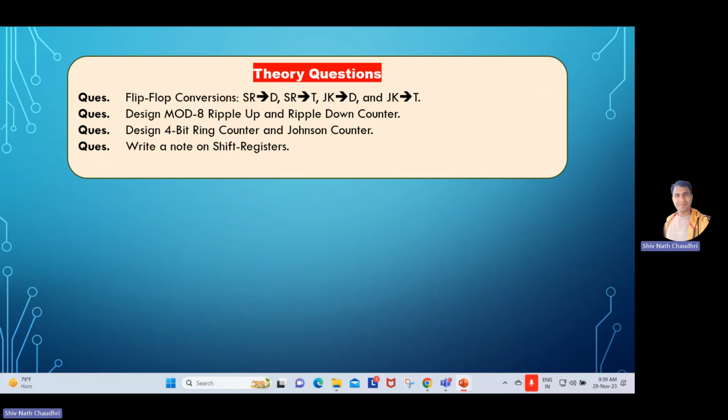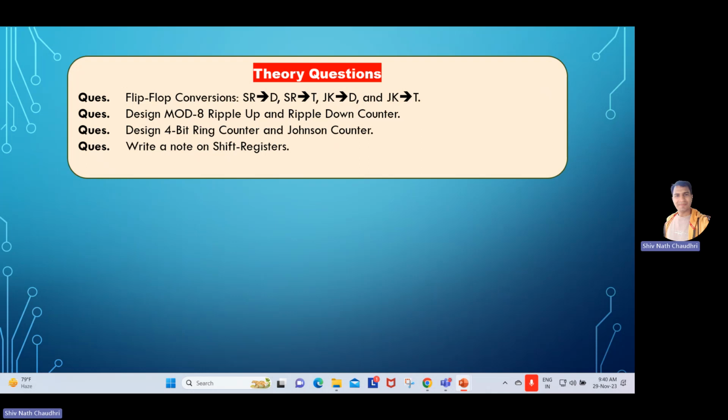For a ripple counter, you must know the clocks. You have two types of clocks, primary clock and secondary clock. Primary clock is derived from the clock signal and secondary clock is derived from the output of the previous stage flip-flop. So you should know questions like designing a mod 8 ripple up and ripple down counter, and designing some synchronous counters like ring counter and universal counter.